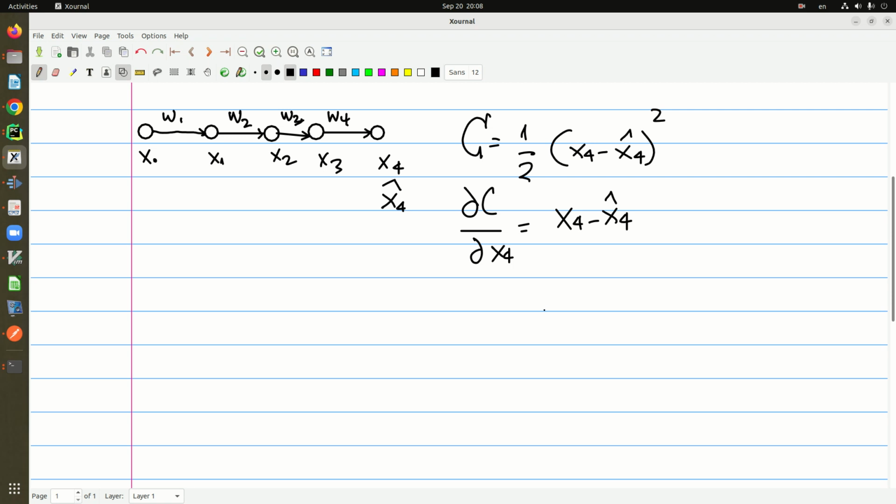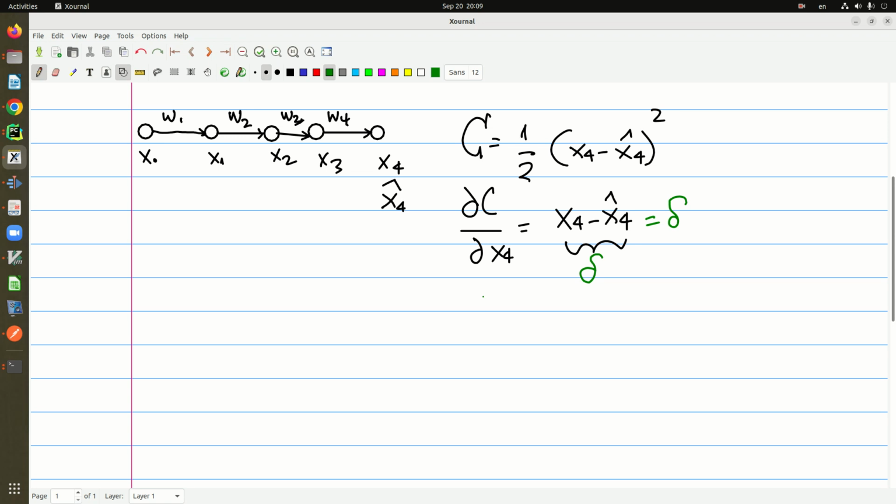And to make our life easier, we just call this quantity here delta, with the Greek letter delta. So we know that the rate of change of cost over x4 is delta.